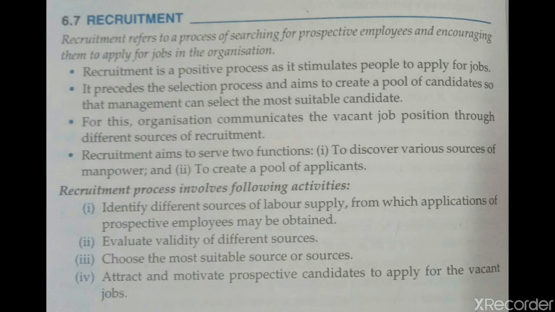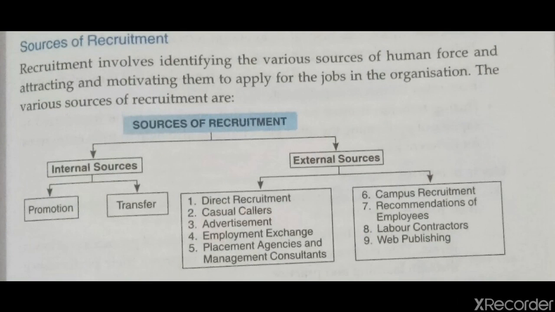So this is recruitment. Now recruitment can be done in two ways. One is the internal source of recruitment and second is the external source of recruitment. So sources of recruitment can be classified into two categories: internal source of recruitment and the external source of recruitment.